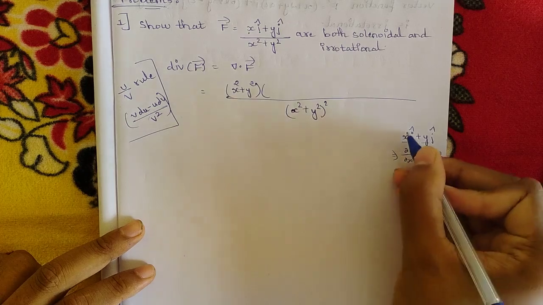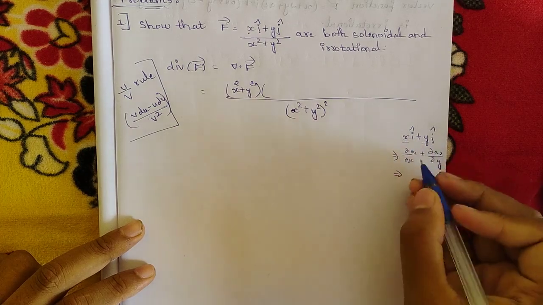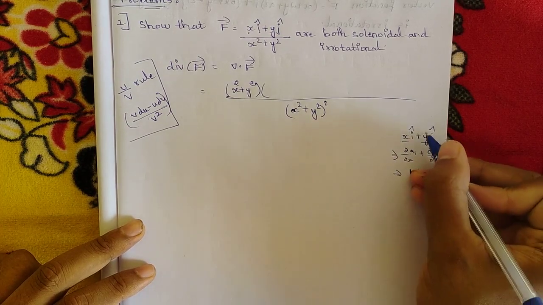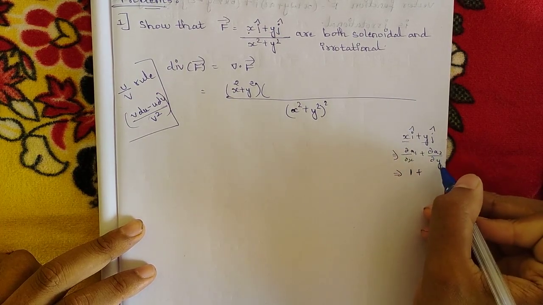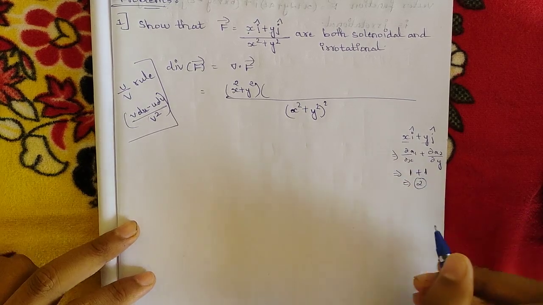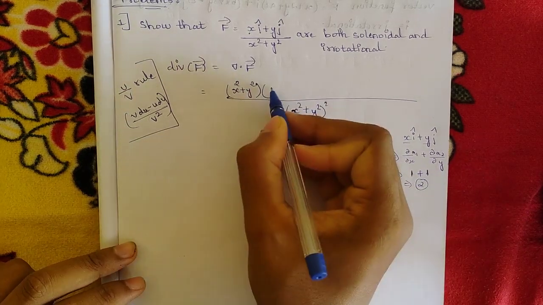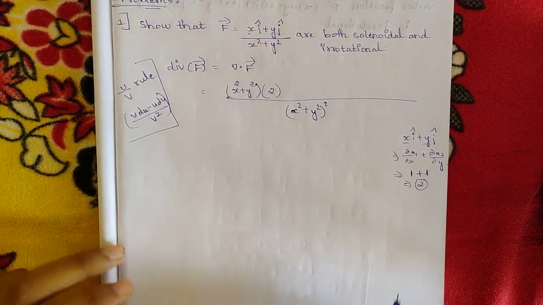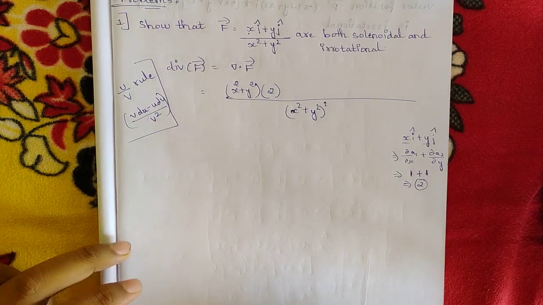So dou by dou x, here we have only one x term, so its differentiation is 1, plus here we have y, so its differentiation with respect to y is again 1, so 1 plus 1 is equal to 2, right? So in place of the numerator, after differentiation we should write 2 here, since we are taking the divergence.